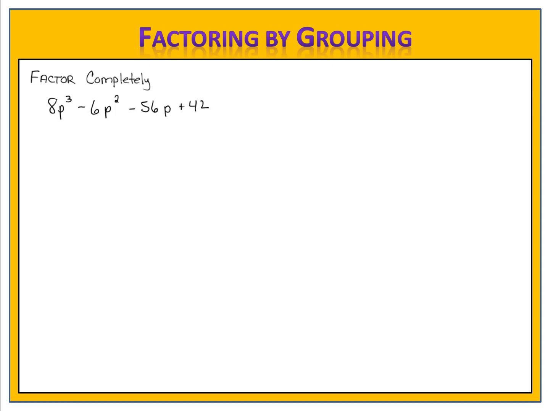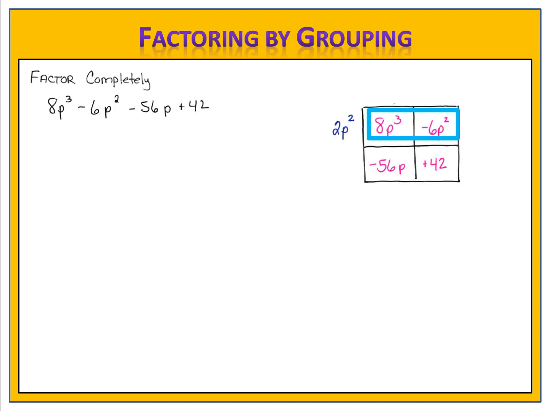Let's compare answers. There are two ways to approach this problem. Option 1 is to start with the grid, writing the terms of the polynomial in the grid, finding the common factor of the top terms, which is 2p to the second, and then using multiplication to fill in the numbers around the grid.